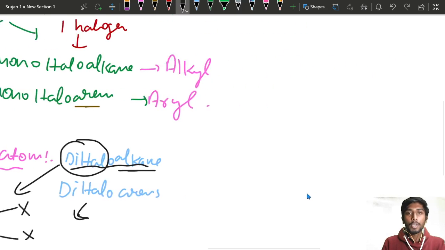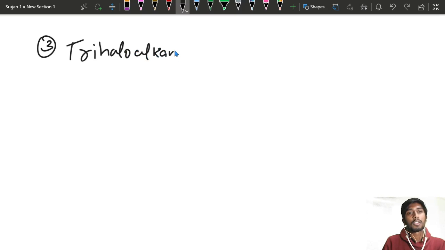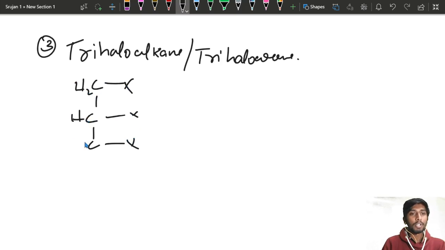The next, the third one, you can take trihaloalkanes, or trihaloarenes. For example, you can take three carbon atoms attached to X, X, X, satisfying the carbon valencies. Generally carbon should make four bonds, right?